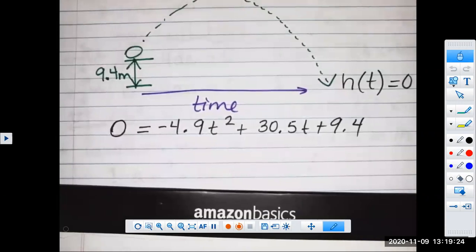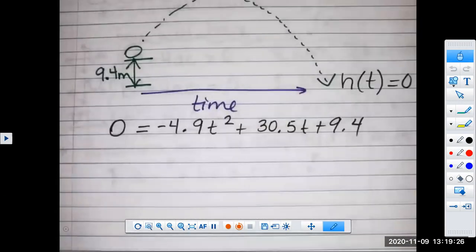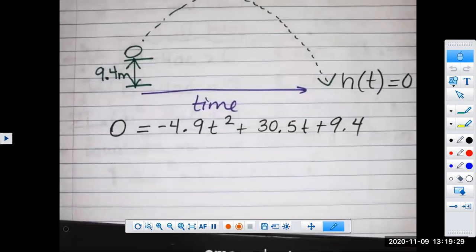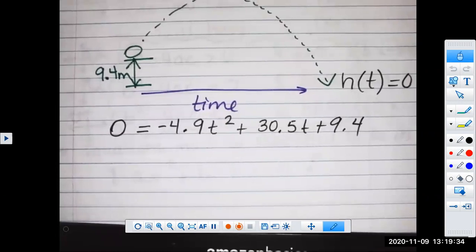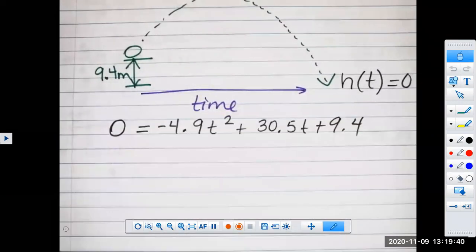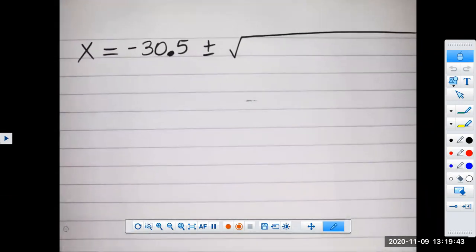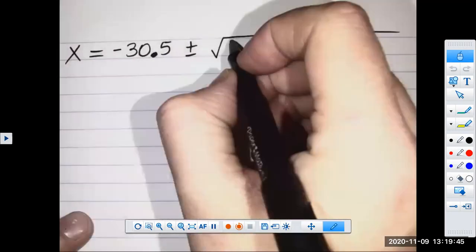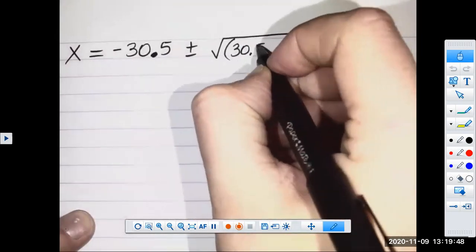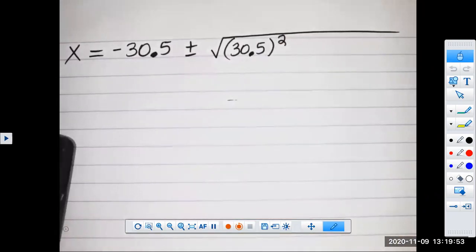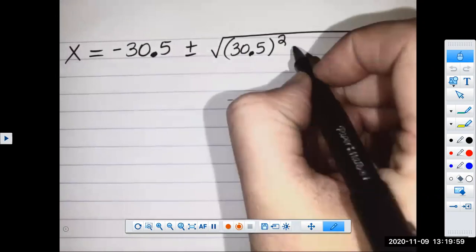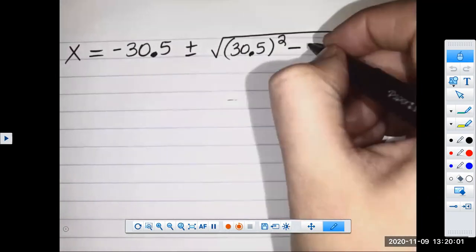Okay, what are you plugging in for b? Plugging in 30.5. So at first I plug in negative 30.5. And then we're plugging in 30.5 squared minus 4.